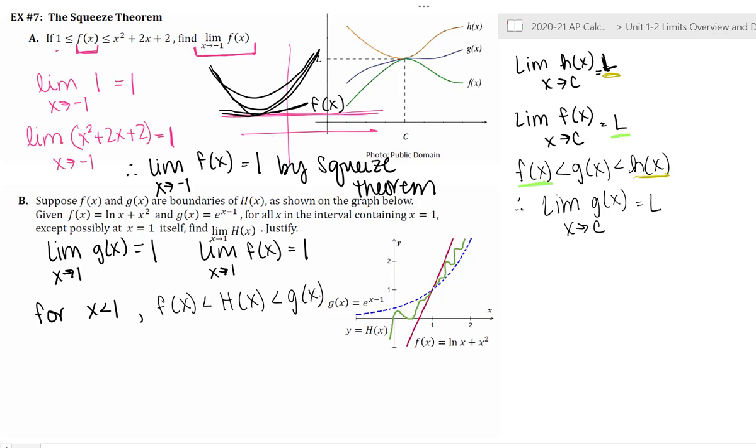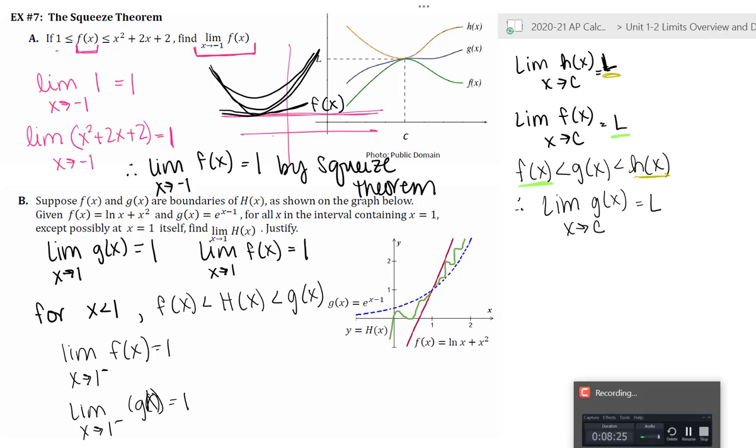And in this scenario, the limit as x approaches 1 from the left of f of x equals 1. And the limit as x approaches 1 from the left-hand side of g of x equals 1. So I can say, by squeeze theorem, that's also going to be true for h of x.